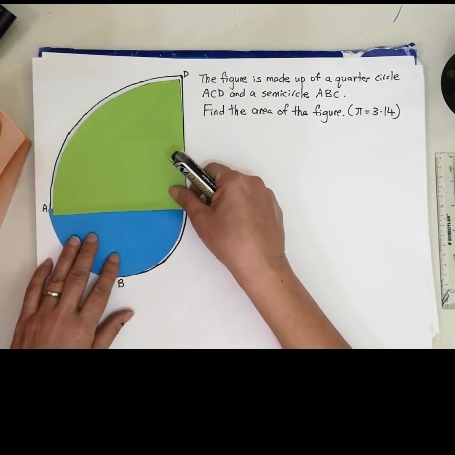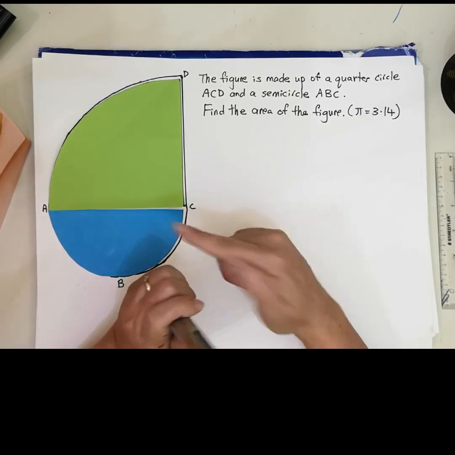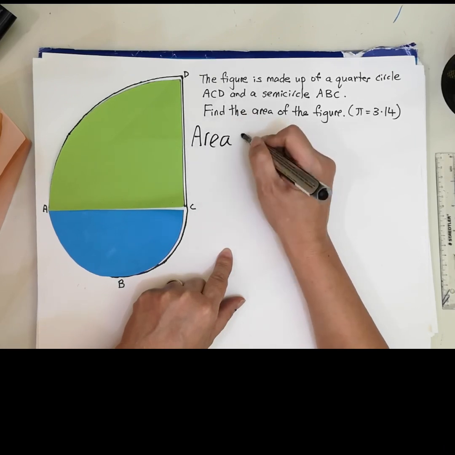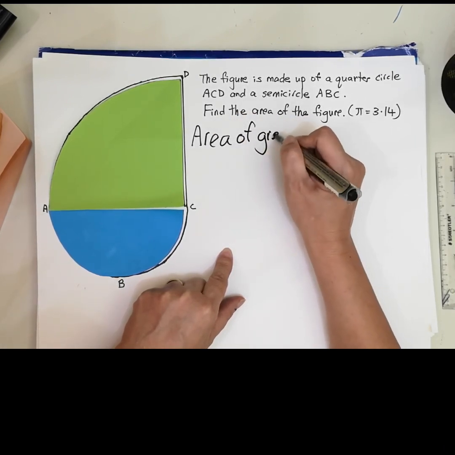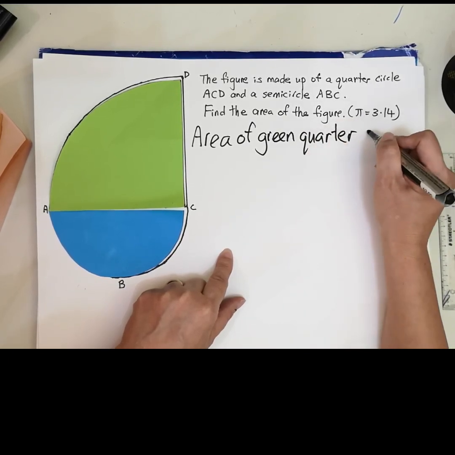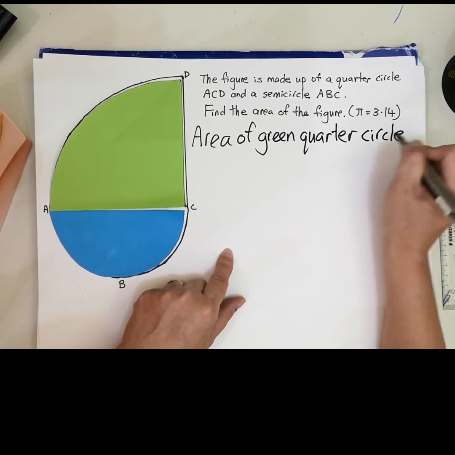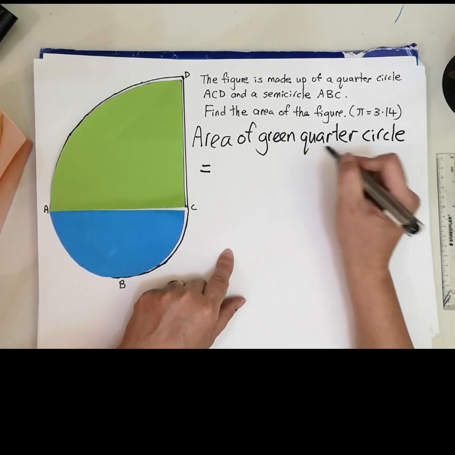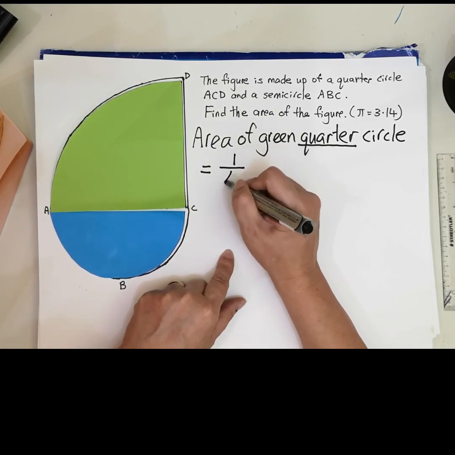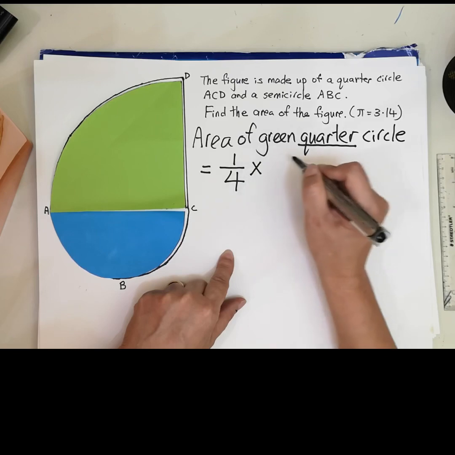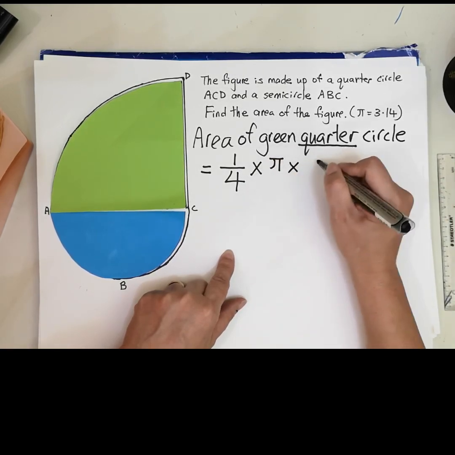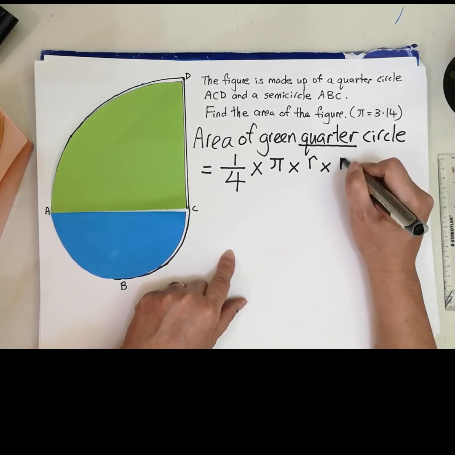Okay, let us find the area of the green quarter circle first. Area of green quarter circle is equals to, since we are talking about a quarter circle here, 1/4 multiplied by the formula to find a full circle, which is pi multiplied by radius multiplied by radius.